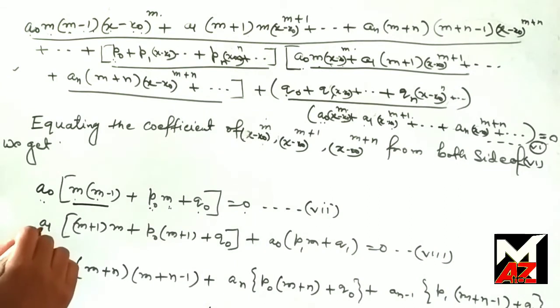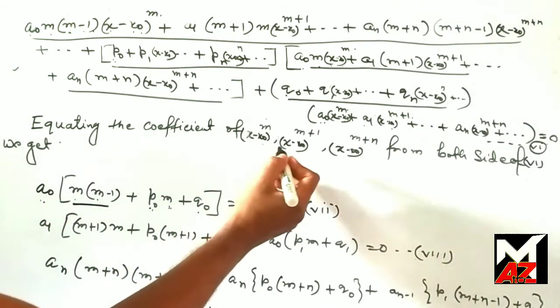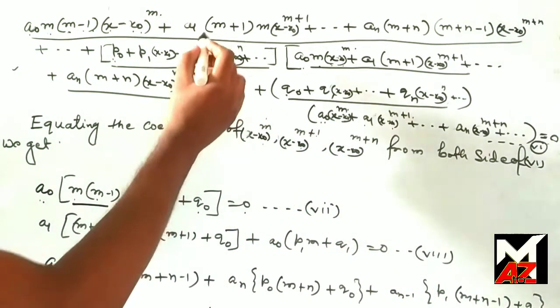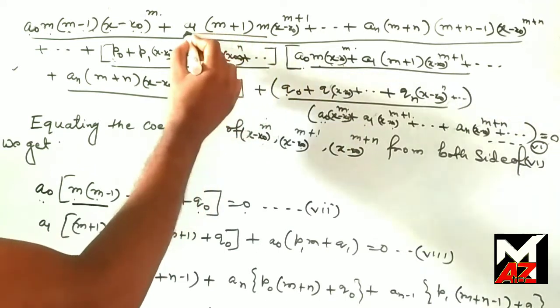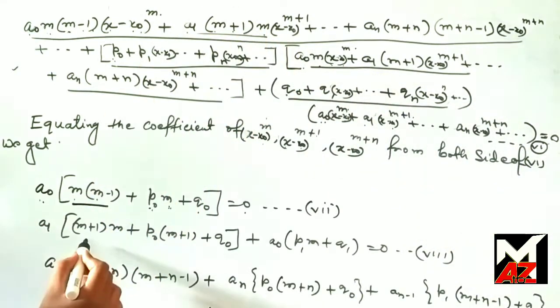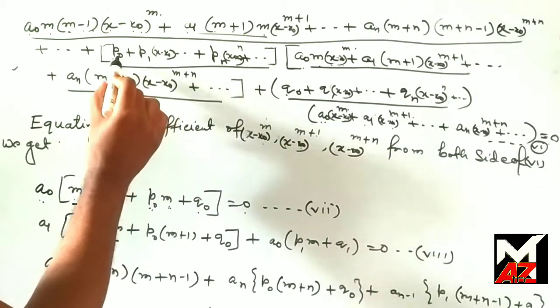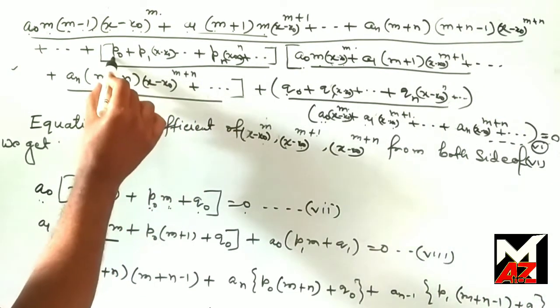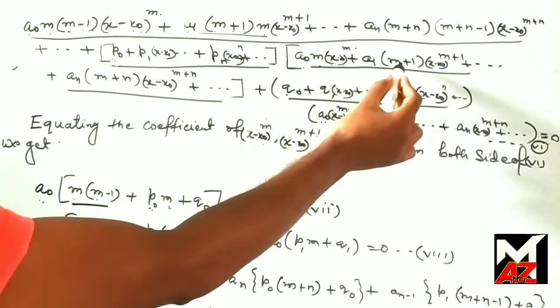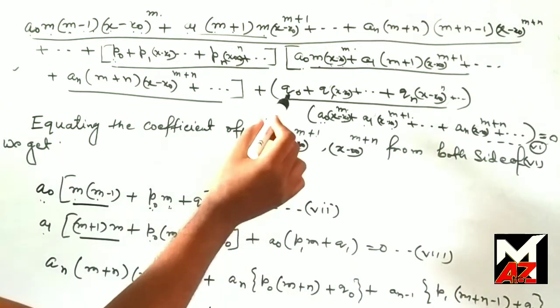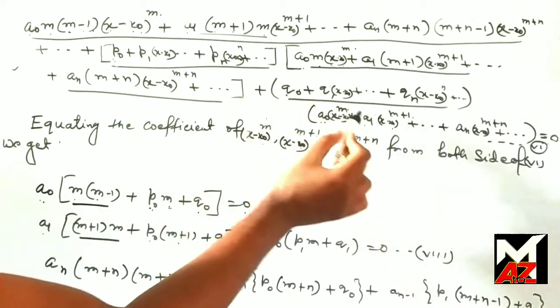Similarly, we consider the coefficient of (x minus x0) to the power m plus 1. Here the first coefficient is a1 into (m plus 1) into m, and from the second term we get p0 into a1 into (m plus 1), and from the last term q0 into a1.